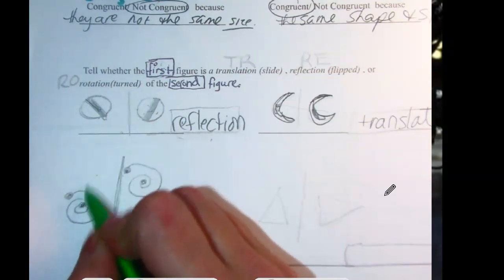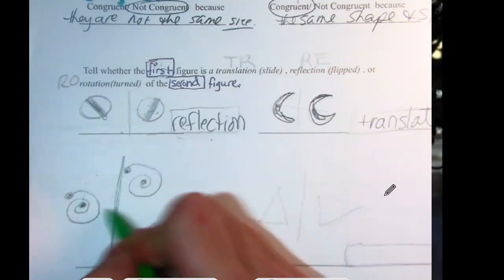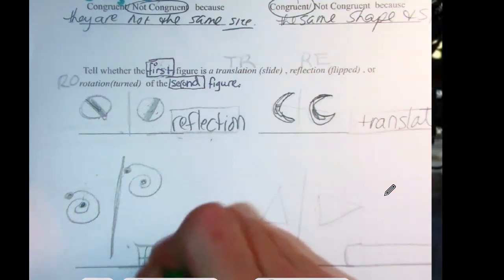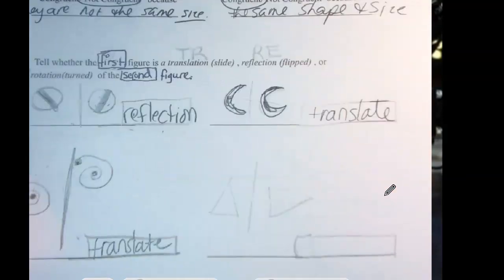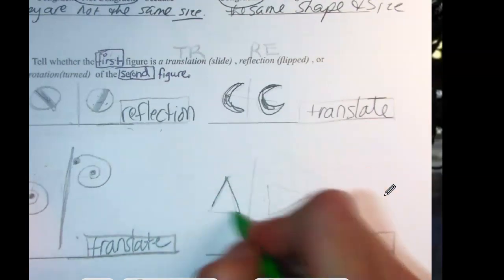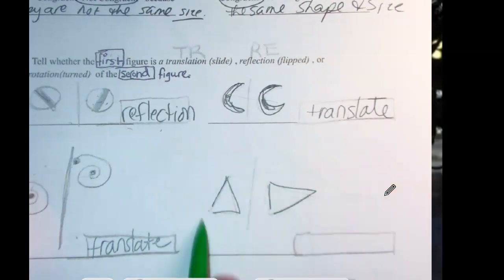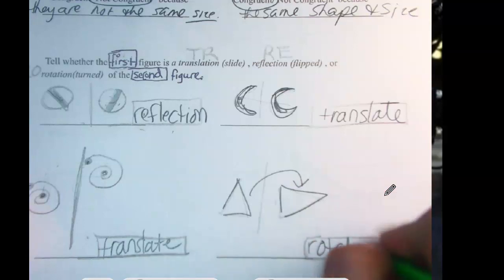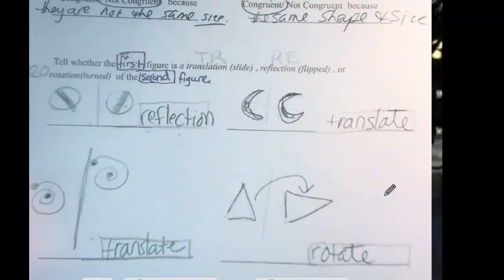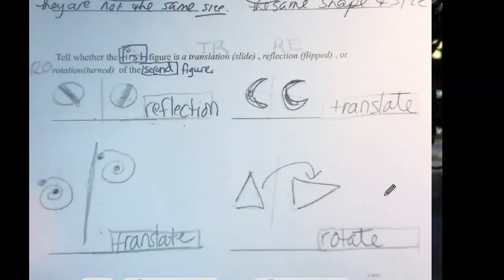So this is actually, if I moved it like up and over or over and up, another slide. So that's another translation. And then the next one, it looks like it's actually a triangle and has been tipped over or turned. So remember, turn means rotate. Okay, so that's your next section on the quiz, telling what happened.